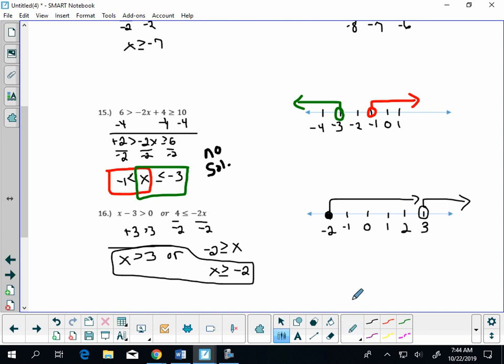It's going to look like that. Oops, I just saw a mistake I made. Let's go ahead and fix that mistake. Kind of curious if anybody else saw that mistake.